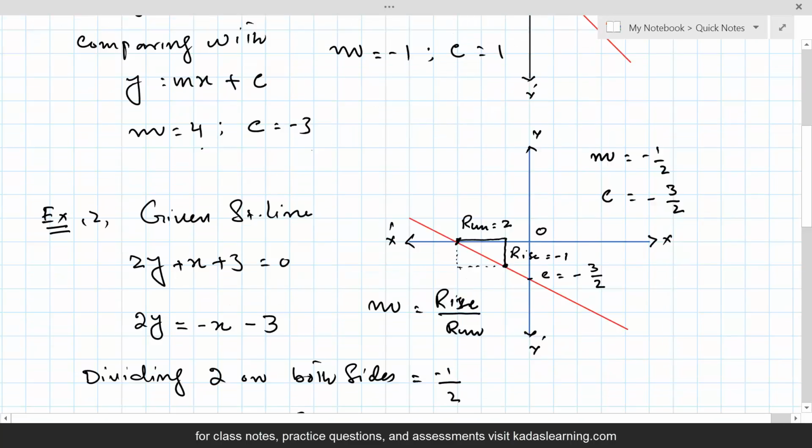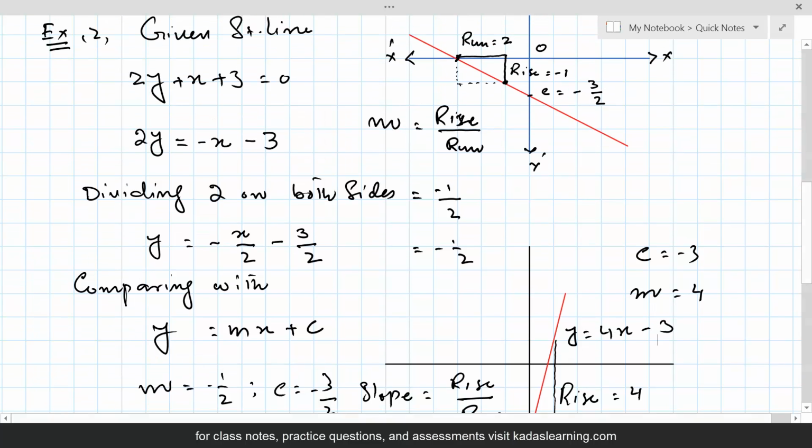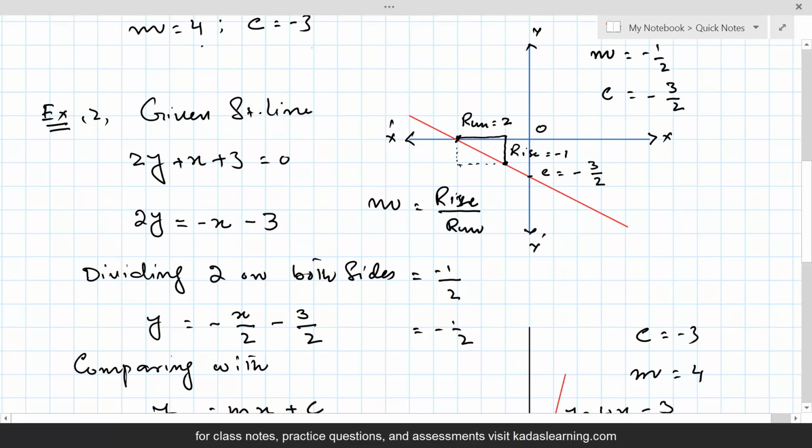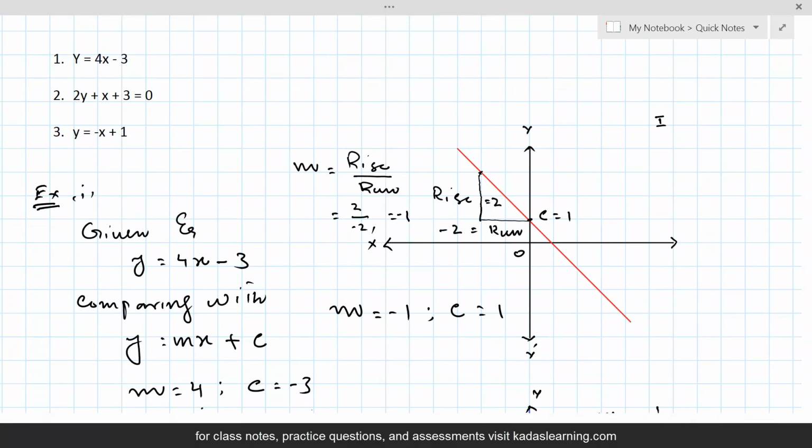y is equal to 4x minus 3. And similarly, this is number 2, both slope and y-intercept match with the second graph.